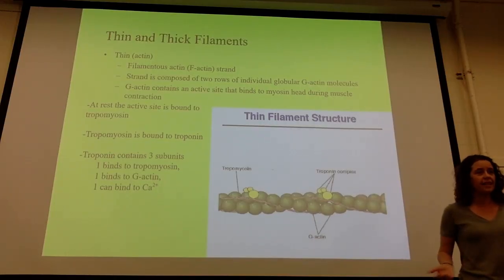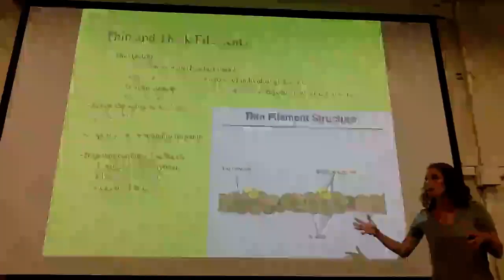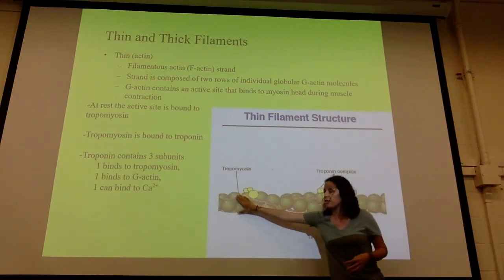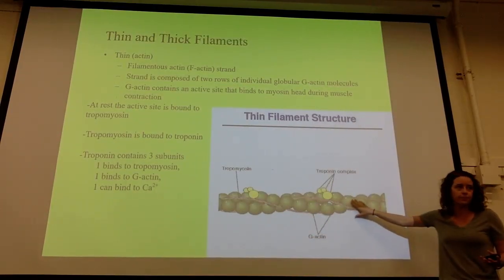So actin is the thin filament. All we really said about it on Tuesday is that it's the thin filament. But if we take a much closer look, we see here's a strand of actin right here. It's made up of filamentous actin, or F-actin.